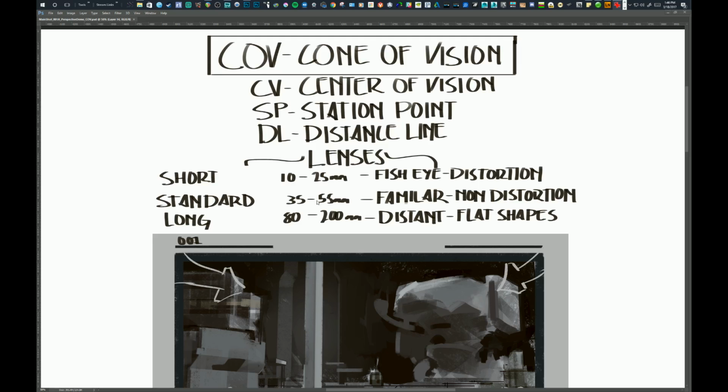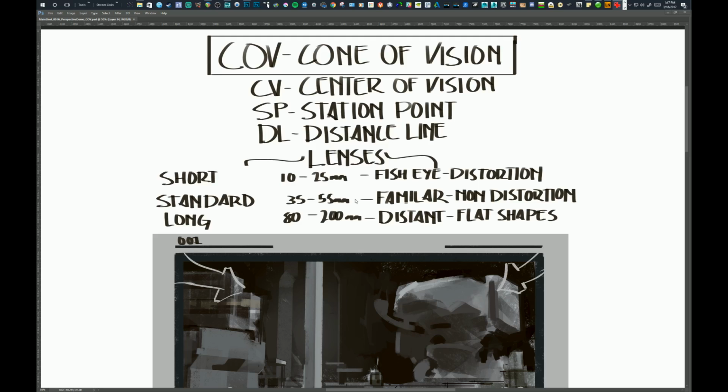A standard lens is generally 35 to 55, and it's familiar and non-distorted. This is how we see the world in general. Now, creating a picture, it's not how the eye sees, because we're not painting a picture or drawing a picture that has binocular lens. We have a monocular lens that we're creating. So it's how the one eye sees, or how we generally want to interpret how the eye sees.